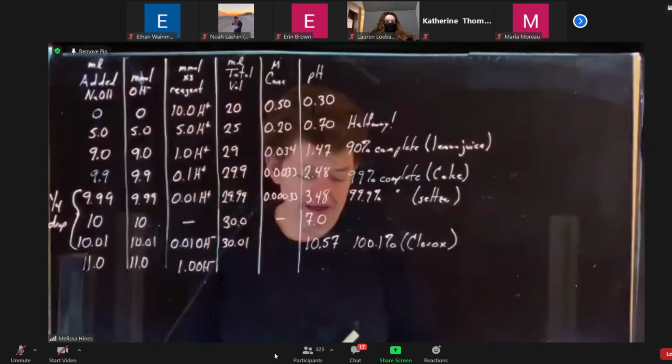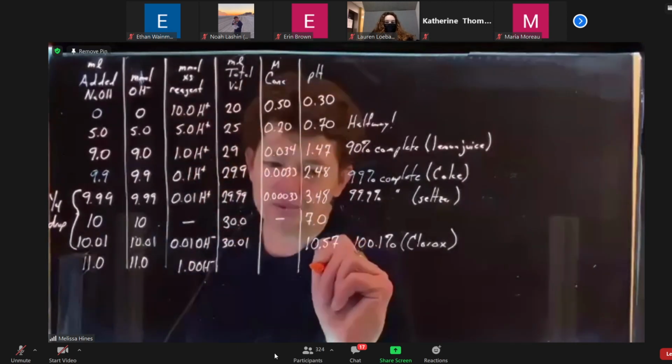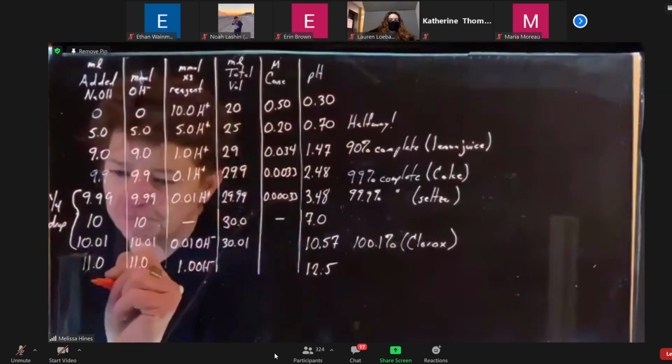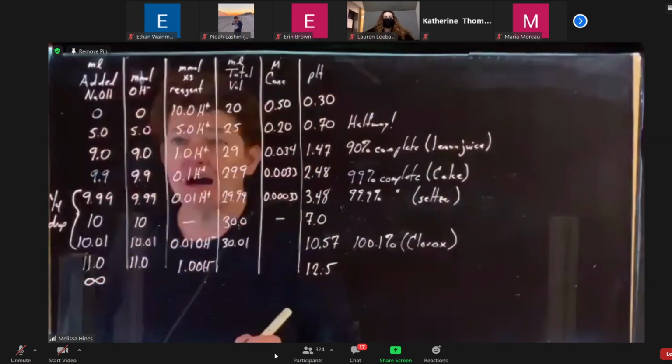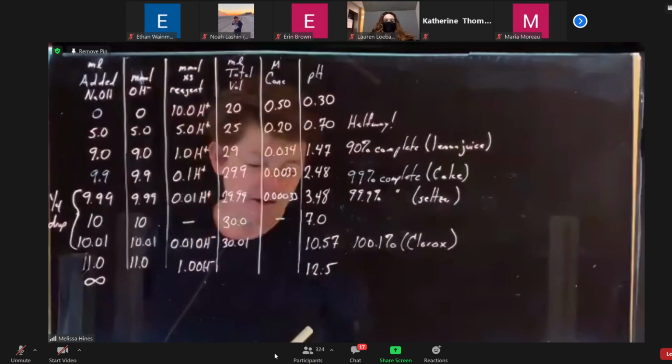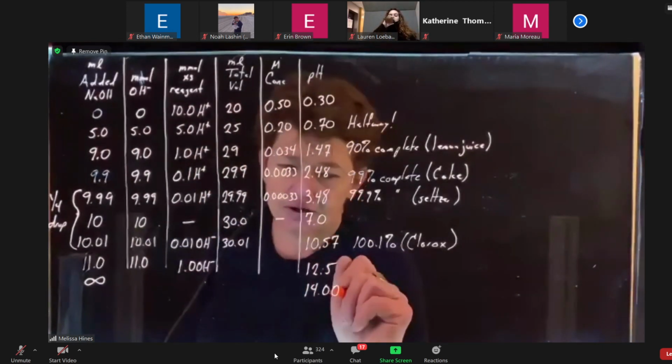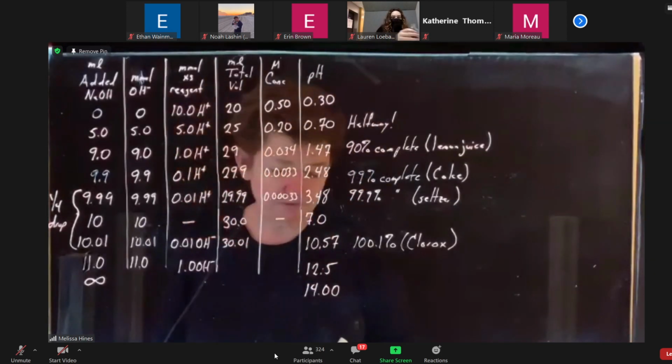And when we calculate out our total pH, our pH is now 12.5. And if we go up until the point where we add an infinite amount of sodium hydroxide, then our pH is just going to be the pH of our starting titrant. And so our pH is going to be equal to 14.